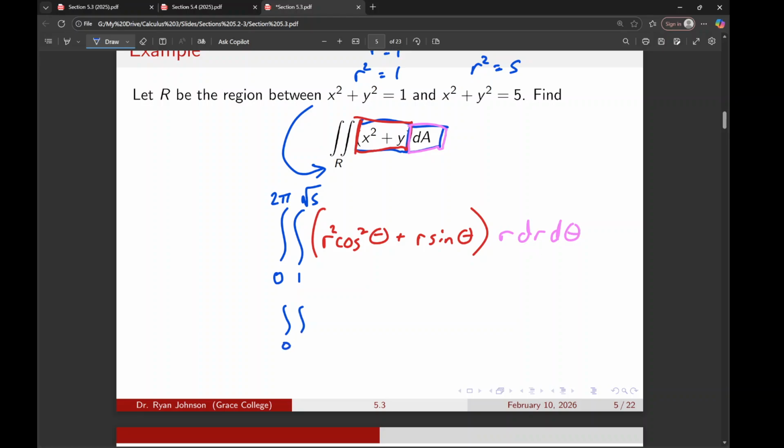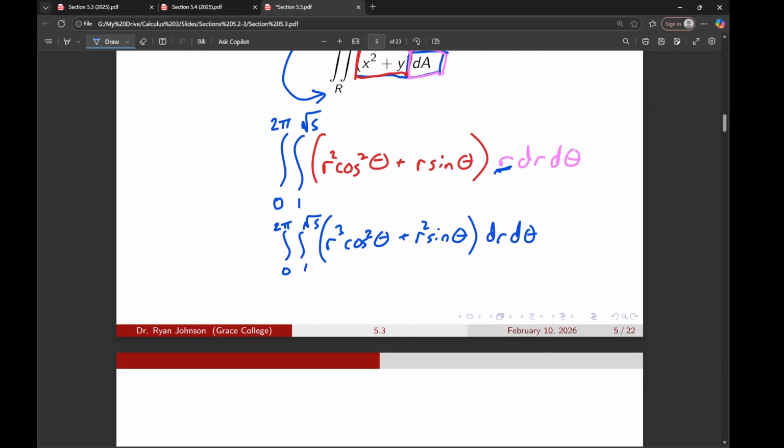So you get 0 to 2 pi and 1 to square root of 5 of r cubed cosine squared theta plus r sine theta dr d theta. I moved the pink r in with the red r's. Okay, so now how do I solve this integral?